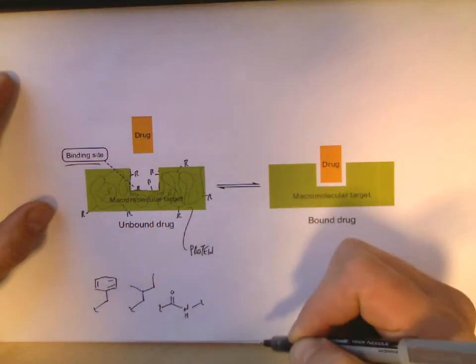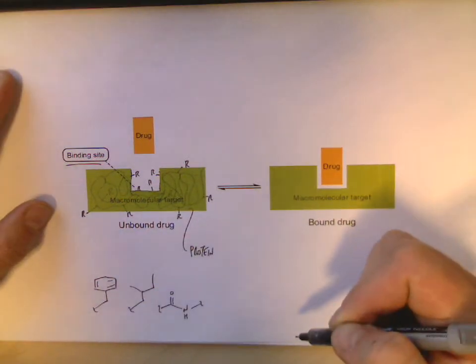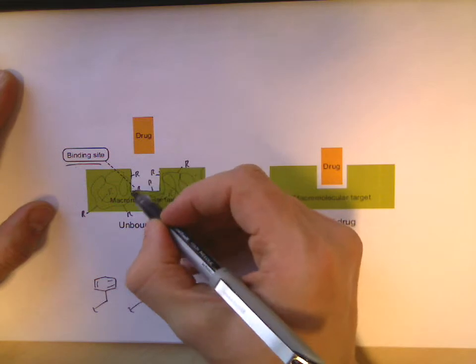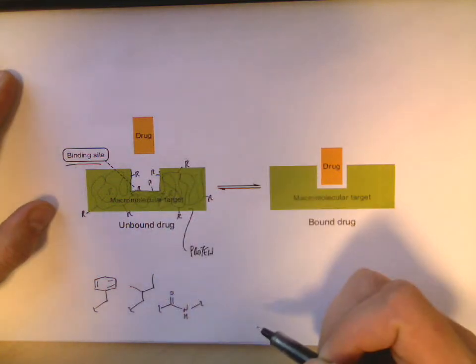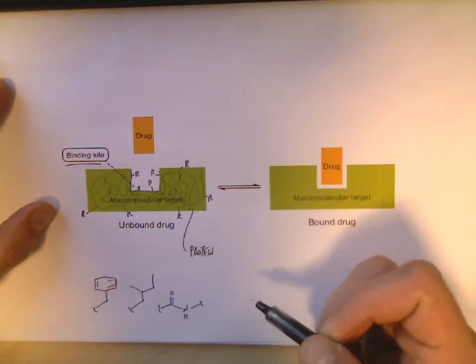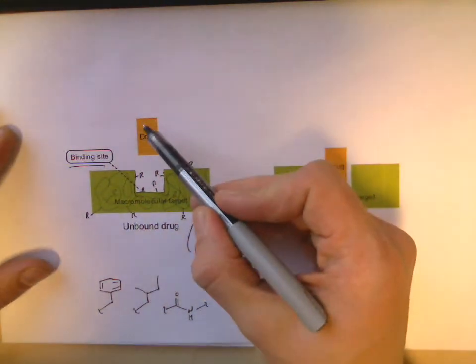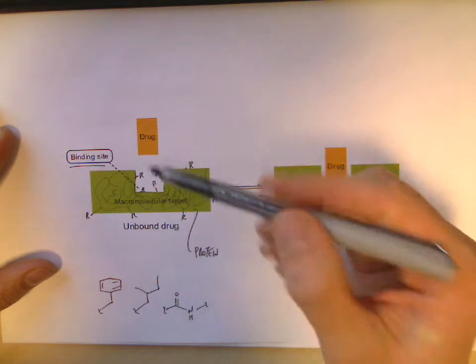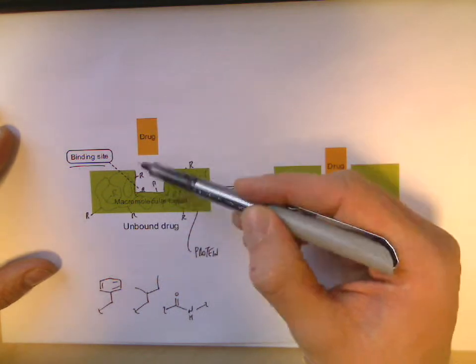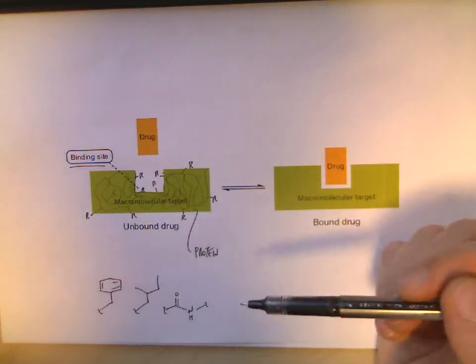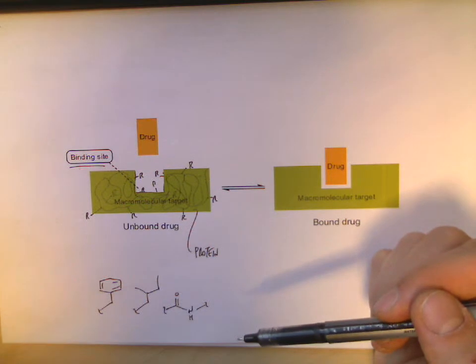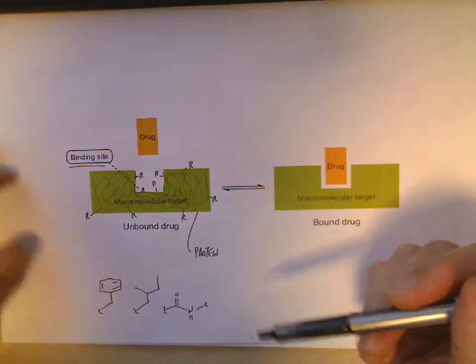Any of the groups of the amino acids that we talked about last time can be positioned in that protein's binding site. The question we're looking at today is, how does a drug interact and inhibit that protein, or antagonize that receptor?